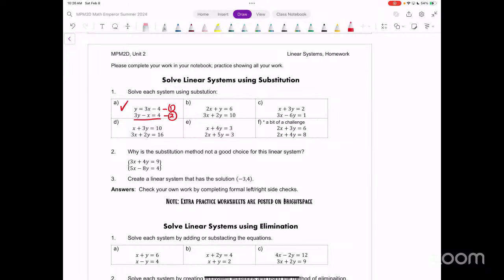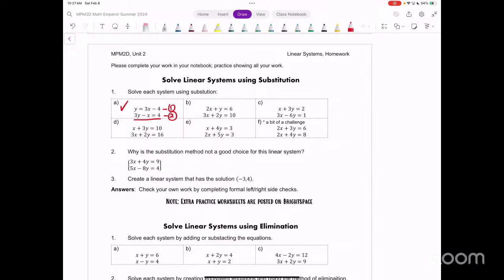Okay, can you also check you got the right answer, Shreya? Can you check your work is correct or not? Do you show your steps?